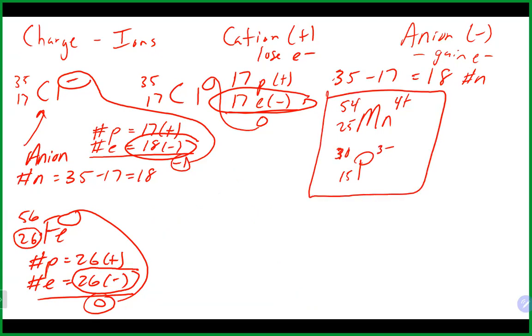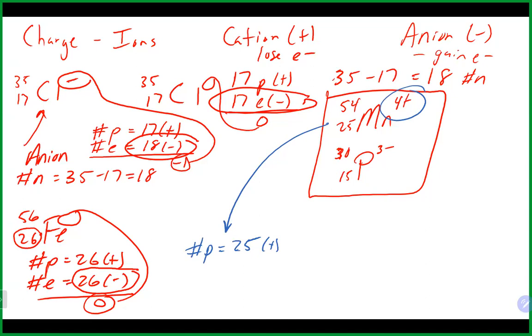Okay, let's take a look at the first one here. Obviously, we could still use our number of protons, which is our atomic number, the bottom number there, which is 25. In this particular case, it has a +4 charge. So when I see the plus, I know it has lost electrons, and it's basically lost 4 electrons.